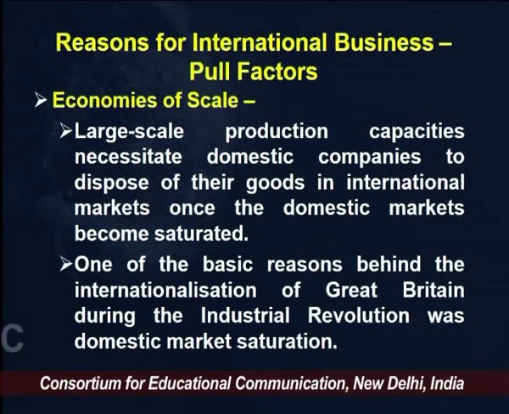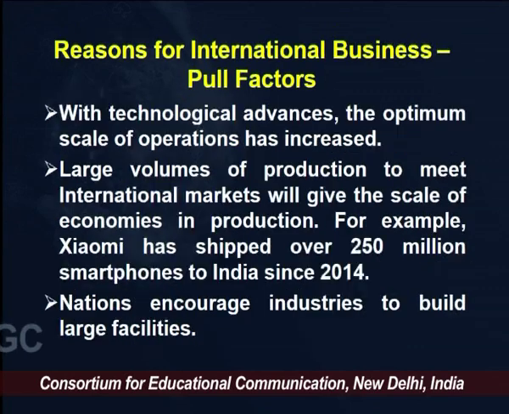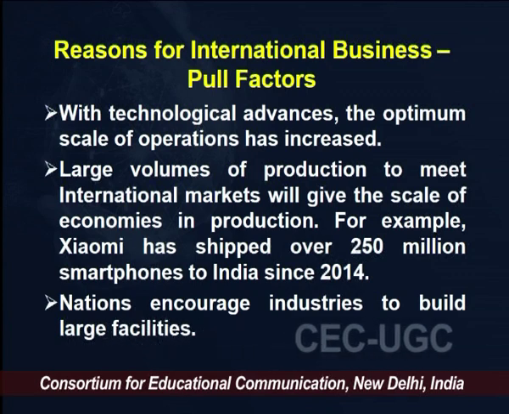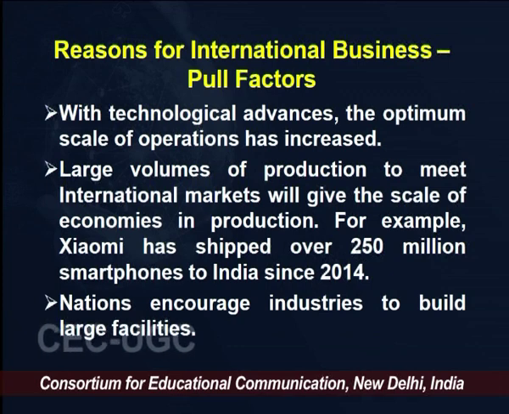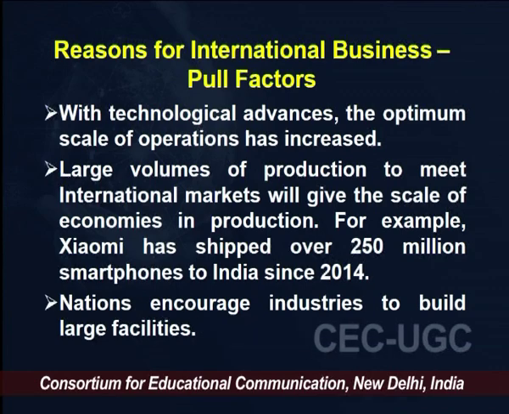One of the basic reasons behind the internationalization of Great Britain during the Industrial Revolution was domestic market saturation. With technological advances, the optimum scale of operations has increased. Large volumes of production to meet international markets will give the scale of economies in production. For example, Xiaomi has shipped over 250 million smartphones to India since 2014.